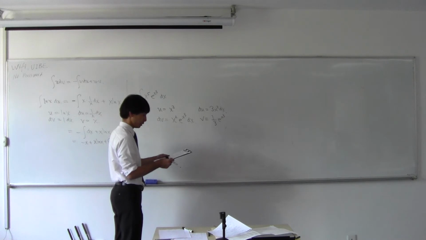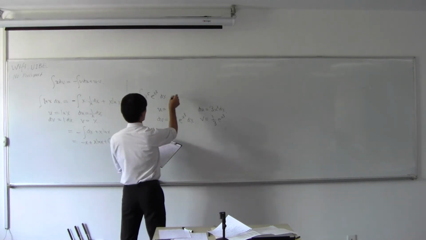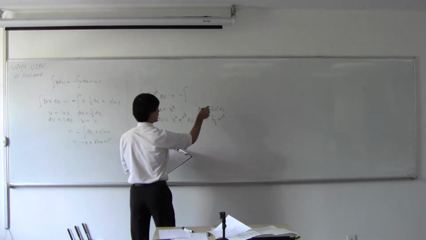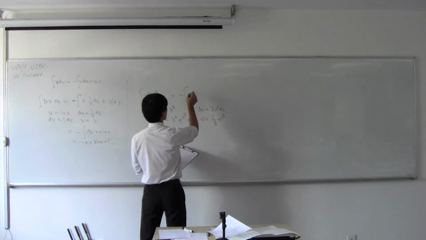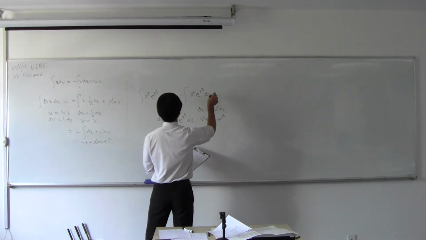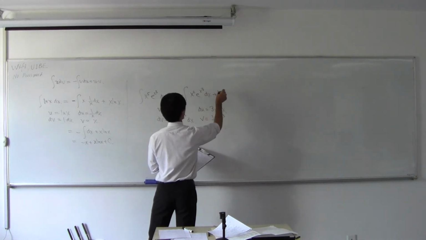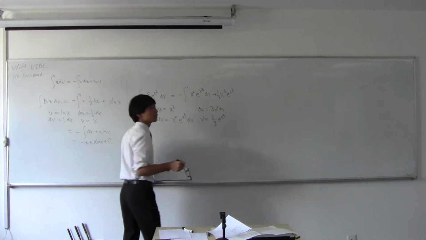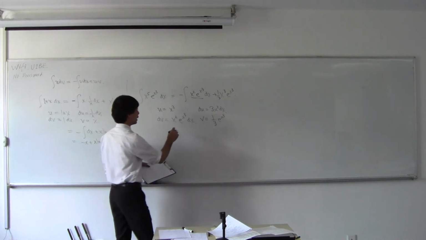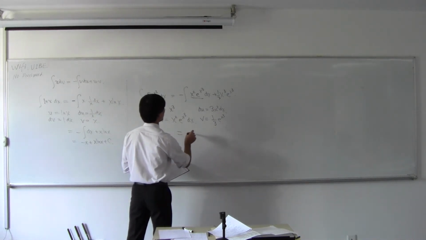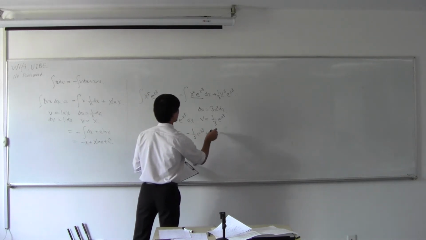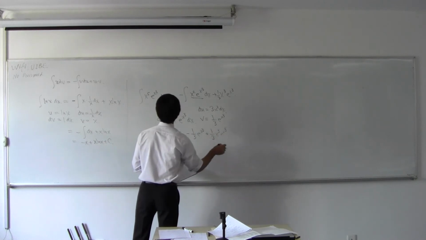So we end up with negative v du, so we get negative the integral of x squared e to the x cubed dx plus 1/3 x cubed e to the x cubed. But that's good, and we're lucky. We actually can integrate that, and so we get negative 1/3 e to the x cubed plus 1/3 x cubed e to the x cubed plus c.